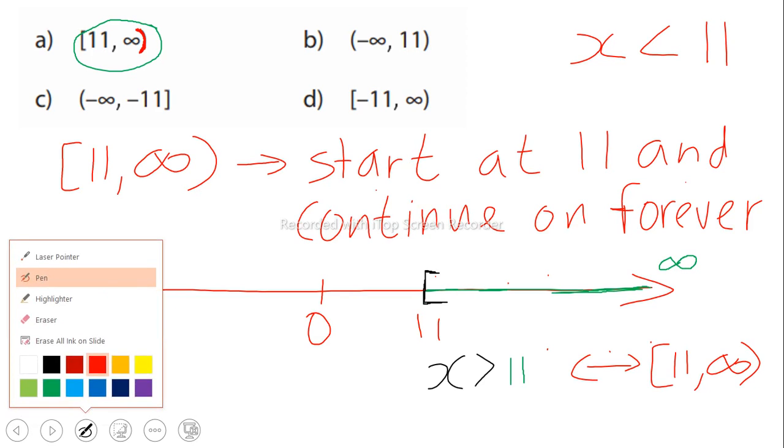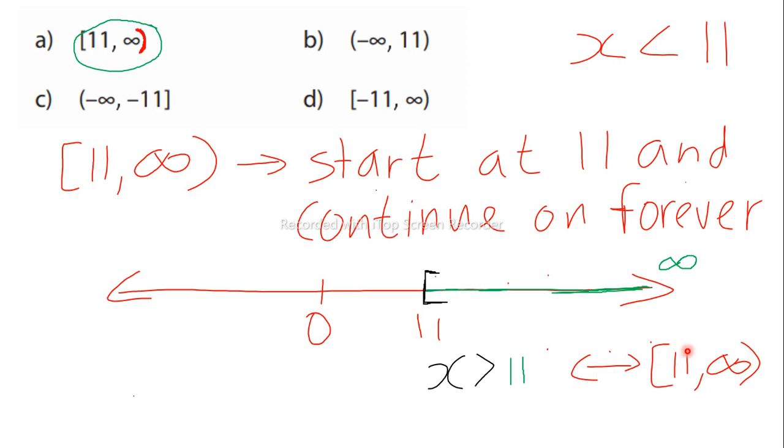These two are saying the same thing, right? This is saying x is bigger than 11, and this is saying the same thing. We start at 11 and we continue on to positive infinity, getting bigger and bigger and bigger. X is greater than 11, and we start at 11 and we go on to positive infinity.